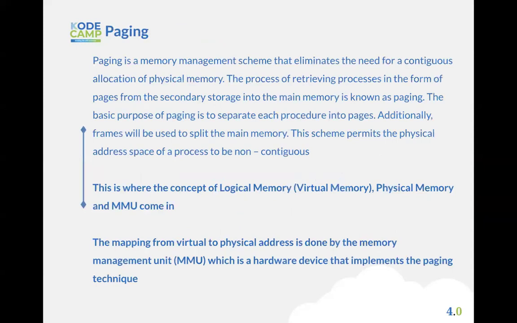So now paging. This is what can be the solution to fragmentation. Paging is a memory management scheme that is used to eliminate the need for contiguous memory allocation. Without paging, you will need to allocate your memory to your processes sequentially, in a contiguous manner.